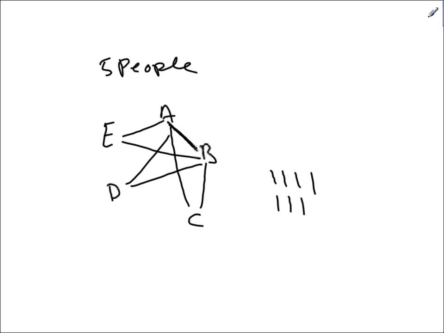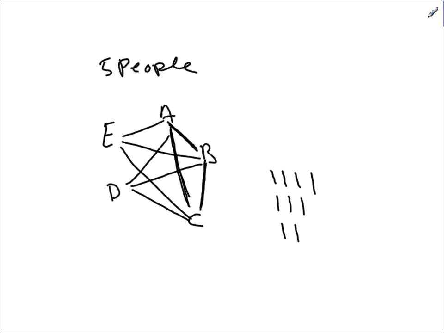C already shook hands with A, and C already shook hands with B. She only shakes hands with D and E. She already shook hands with A, B, and C.